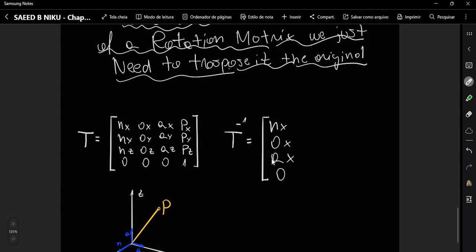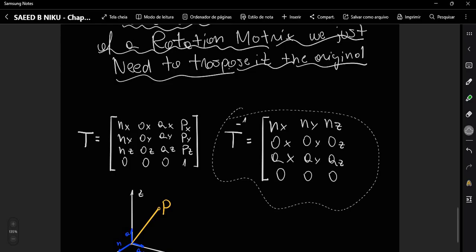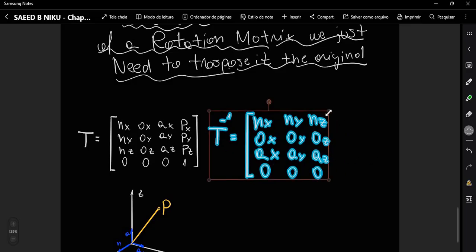Right here, swapping the line by the column is ny, oy, ay, and 0. Right here, nz, oz, az, and 0. And this is for the rotation part.